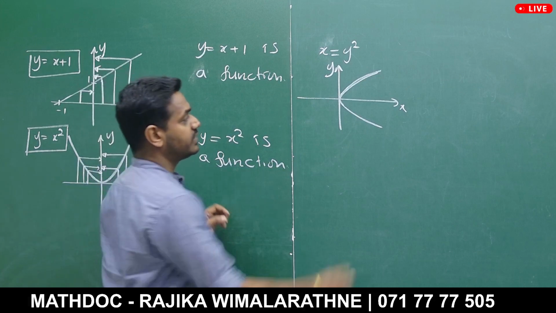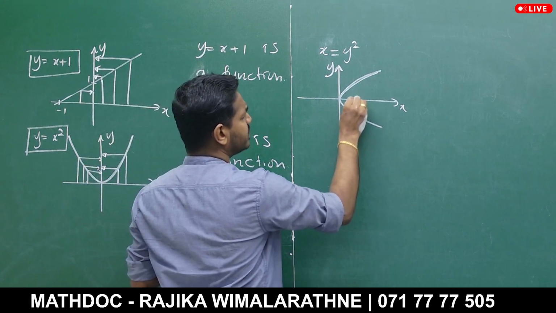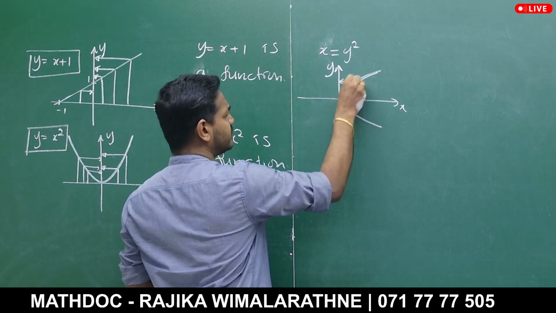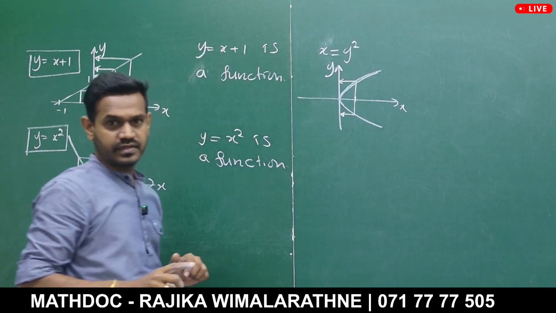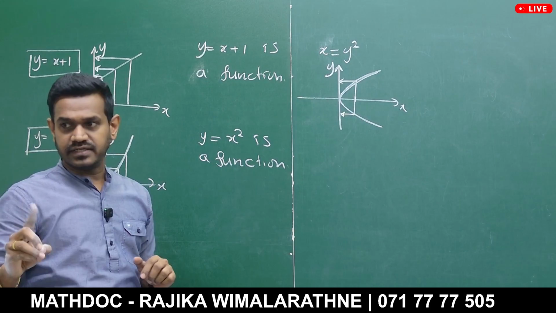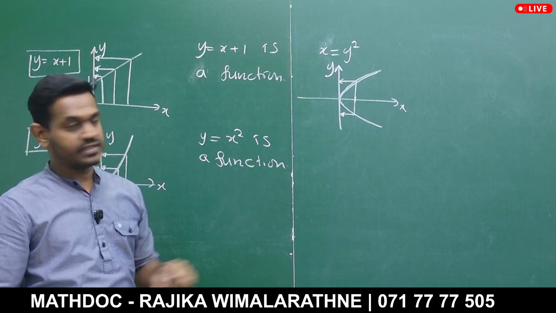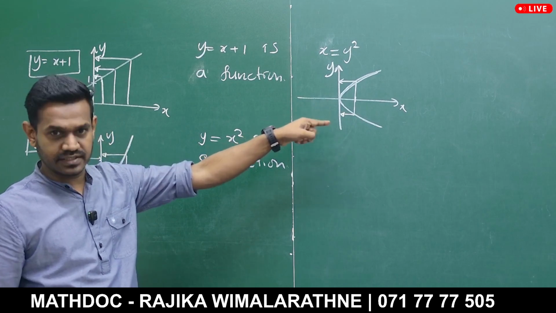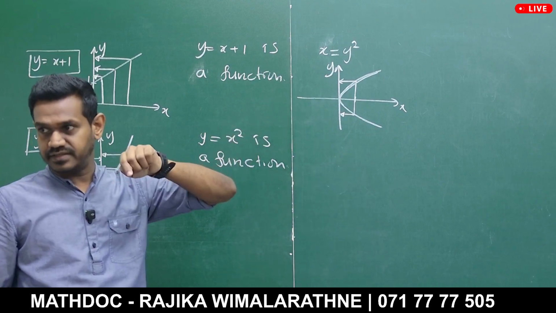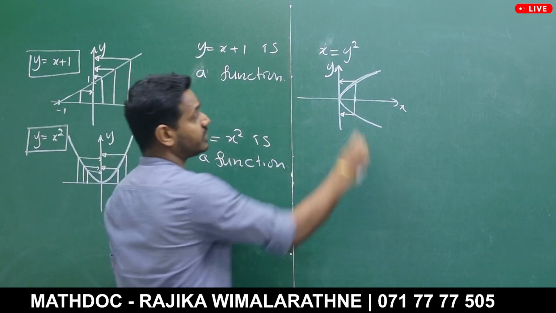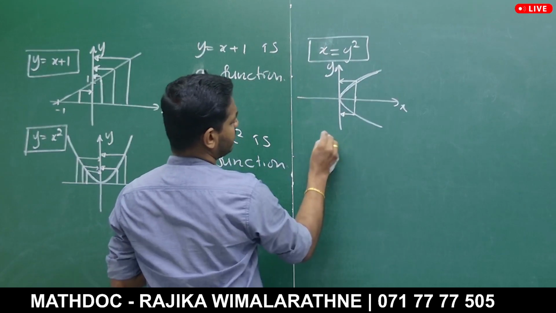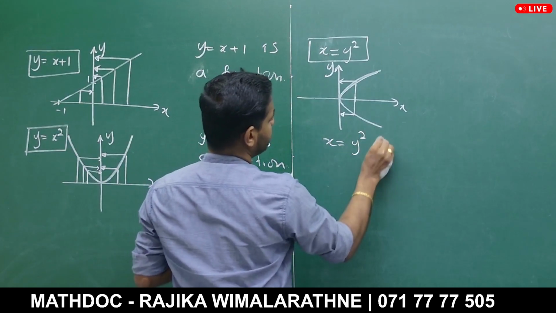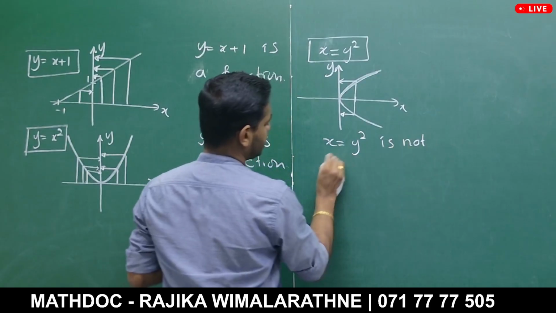Now you see, one input has two outputs, no? For a function, one input has only one output, so we can't say this is a function. Then x equals y square is not a function.